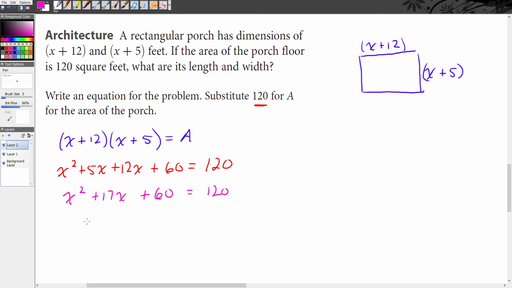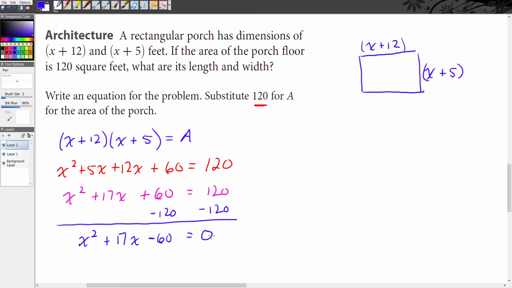Then to set this to 0, think about moving the 120 over here, or you could also just think, it's the same thing, subtracting 120 from both sides. And we get x squared plus 17x minus 60 equals 0.